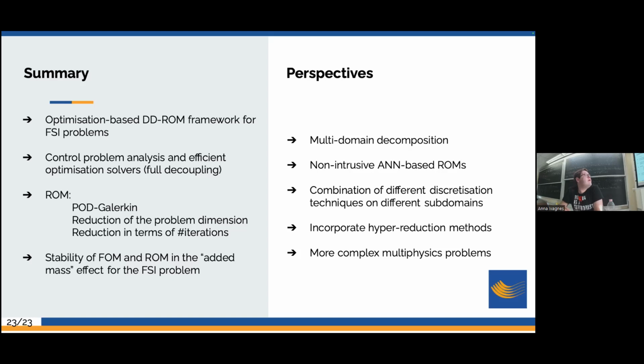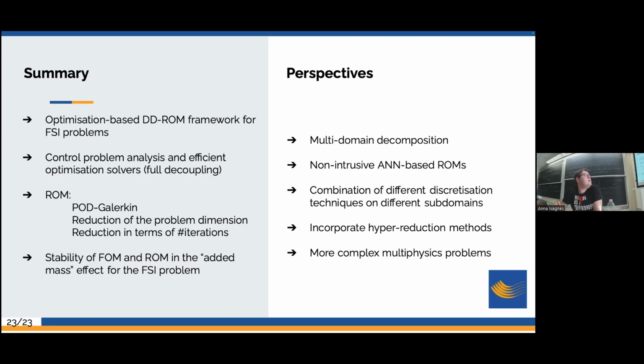It will also be very interesting to consider the combination of different discretization techniques on different subdomains, for example using finite volumes for the fluid part and FEM for the structure part.